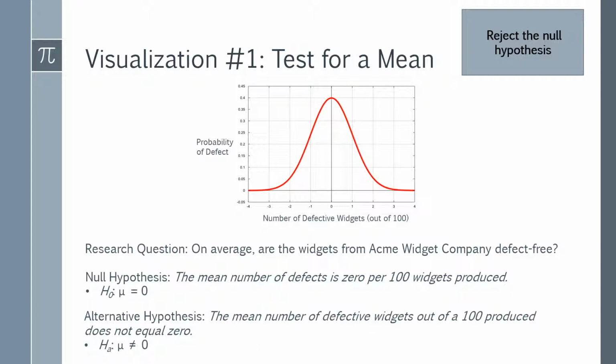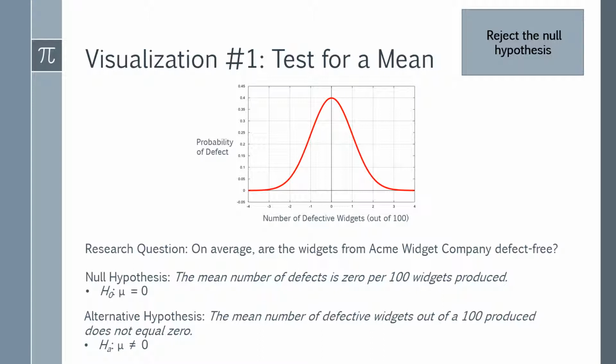Looking at this graph, we have a bell-shaped slope with two tails on either side. If you really look at the information presented in the graph, it is a mirror image. This approach causes us to analyze this research question. On average, are the widgets from Acme Widget Company defect-free?